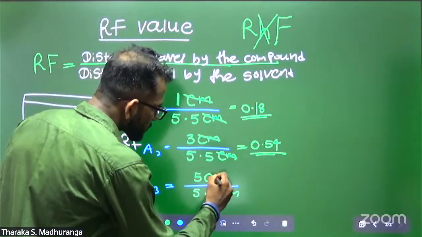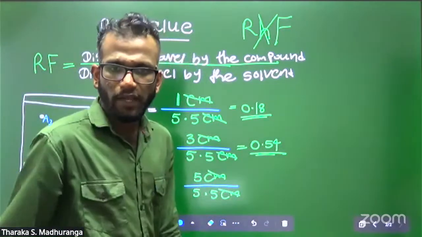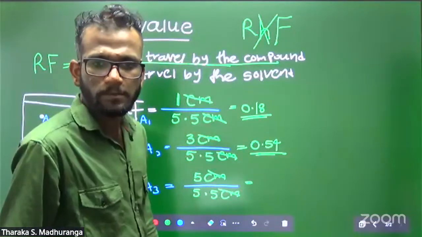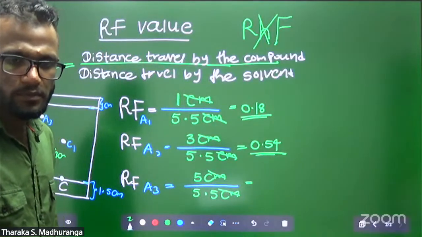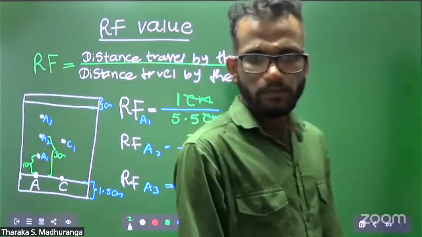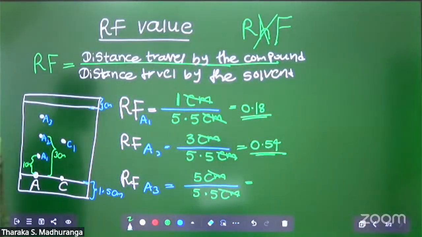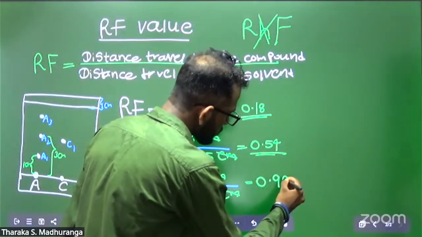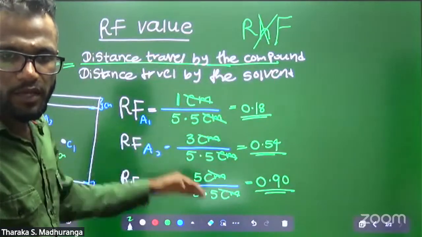Centimeter to centimeter cancel out. 5 over 5.5. 0.90. Okay, they are the RF values of A1, A2, A3.